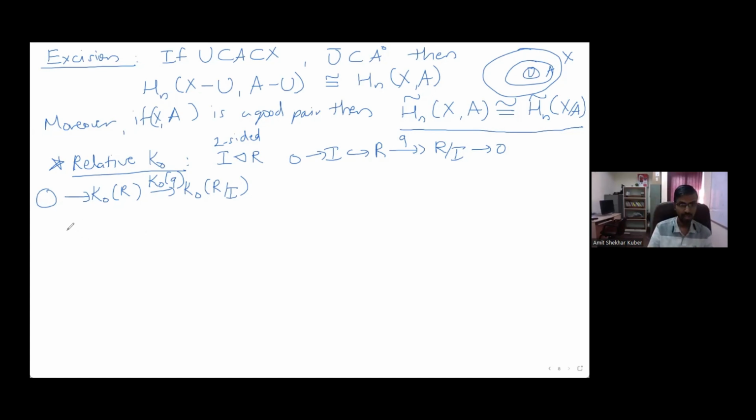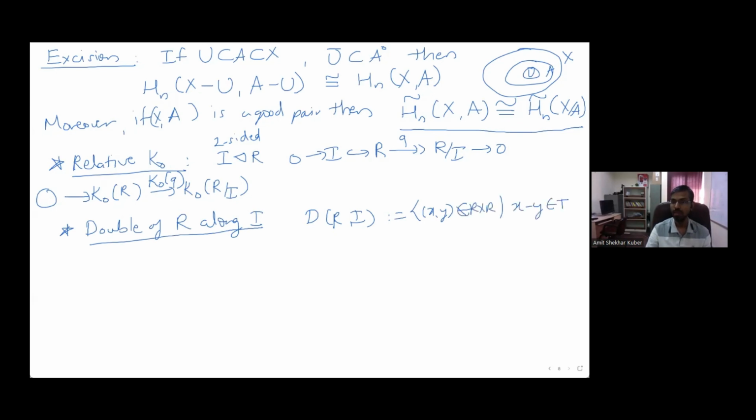For that, we have to look at the double of R along I. This double of R along I is the notation for the subring DRI. It is a subring of R cross R such that the difference of these two elements lies in the ideal I.